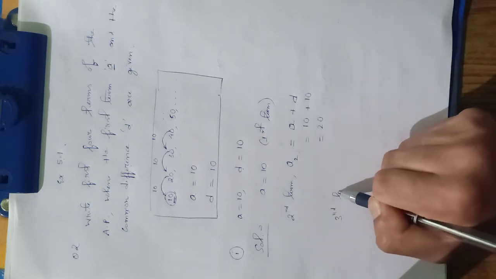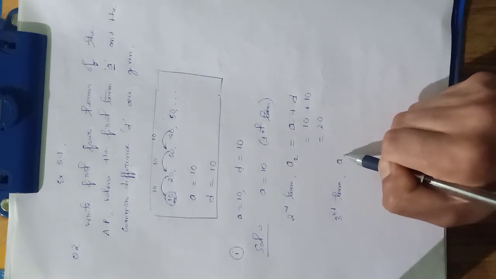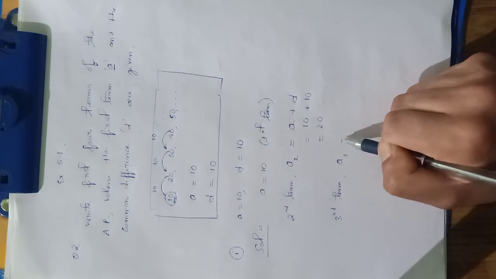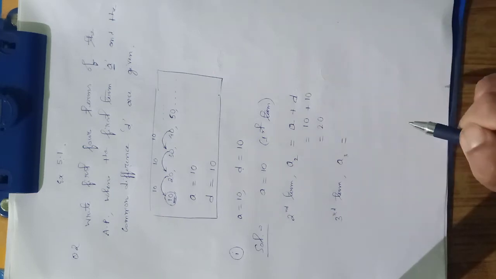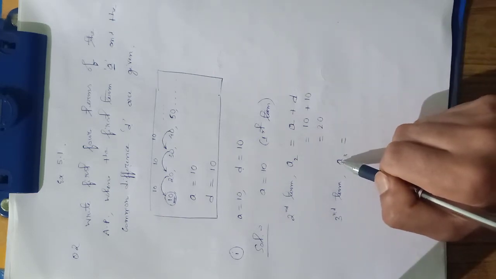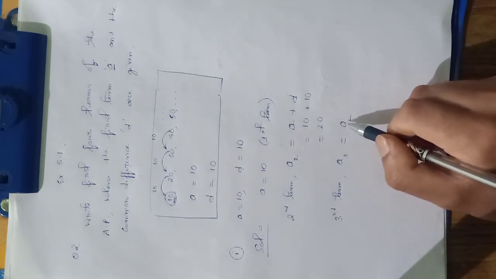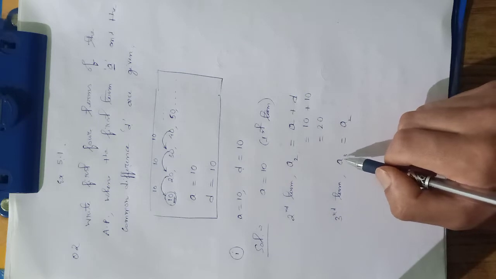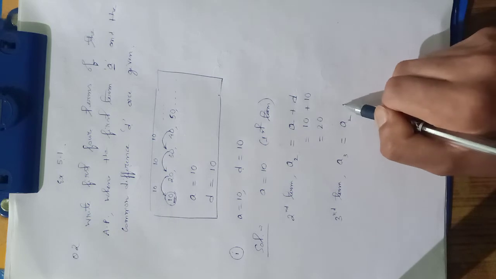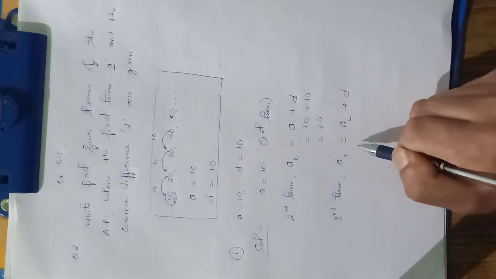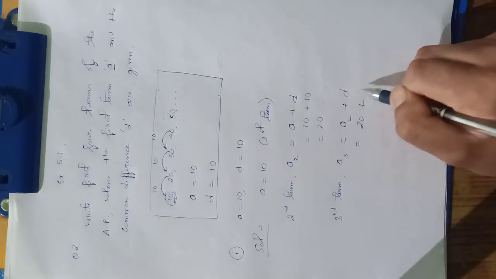Now we'll follow the same rule for finding the third term, the fourth term, and so on. The third term, denoted by A3, can be found by adding its preceding term with the common difference. The term preceding the third term is the second term, A2, so we add the common difference: your second term is 20 plus the common difference 10.